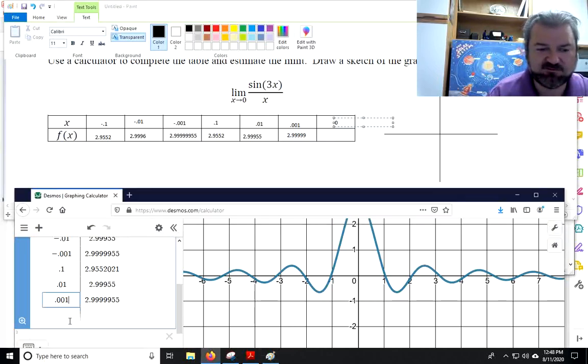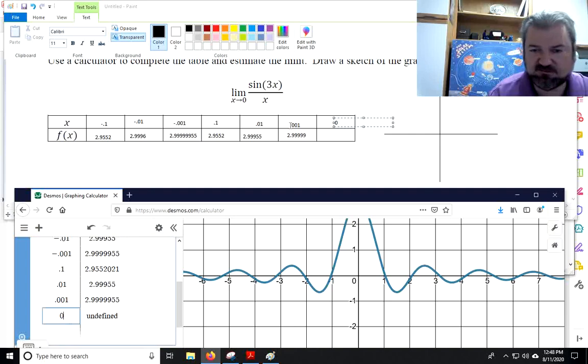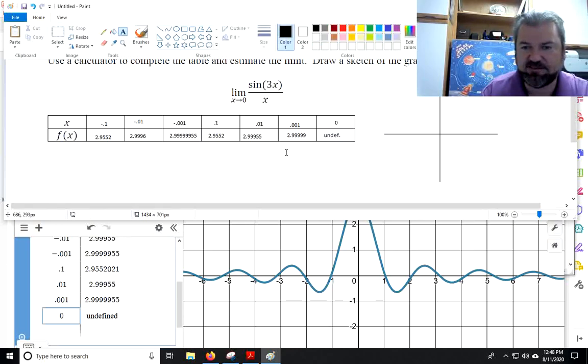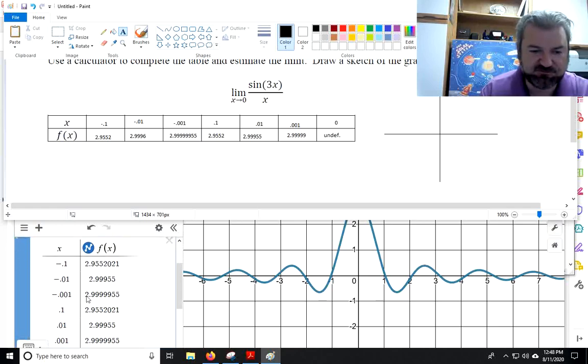We can go ahead and try 0. You know, might as well see what happens. You can see it's undefined though, because once again we have a 0 in a denominator if you plug in 0 for x, and you're not allowed to divide by 0. All right, I think this is conclusive. We could see that it is definitely getting closer and closer to 3 as we choose numbers that get closer to 0 from the positives, and we also got closer and closer to 3 as we chose numbers getting closer to 0 from the negatives.